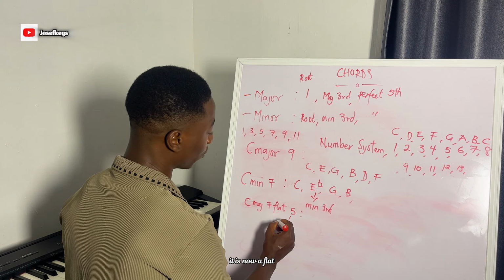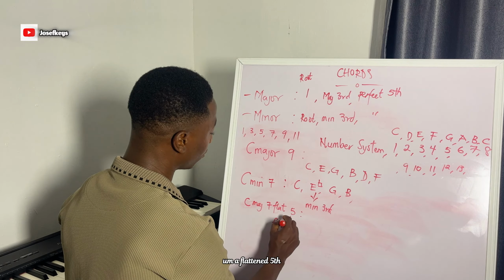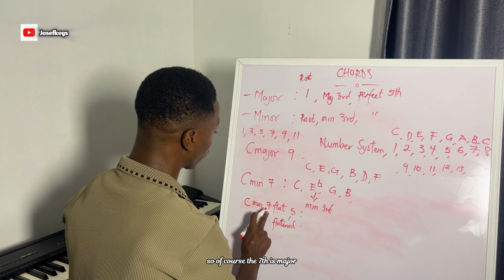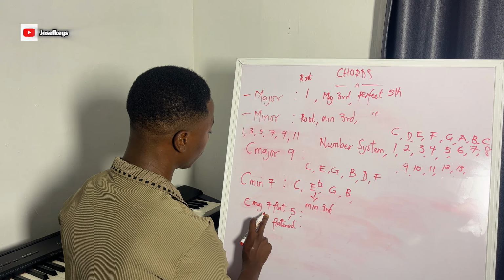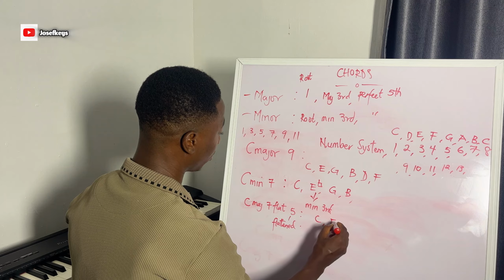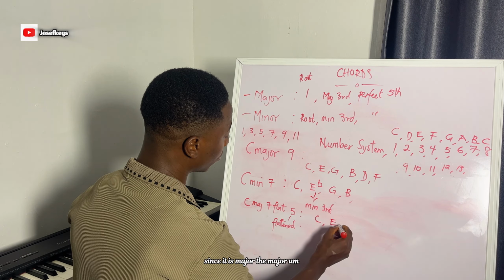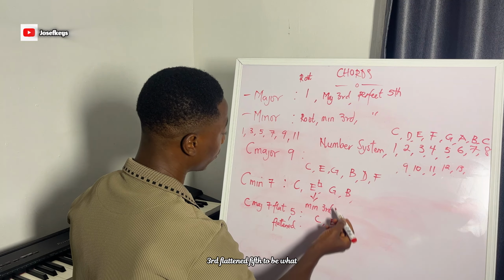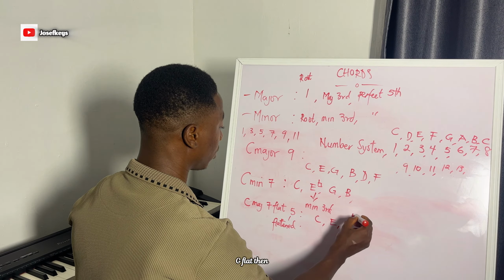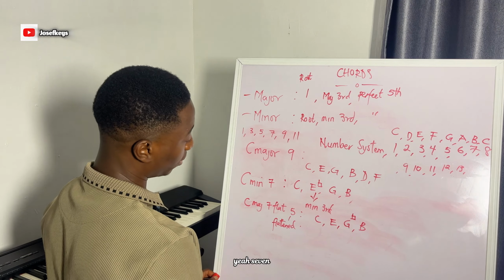It is now a flattened fifth. And of course the seventh is major. So you have C, since it is major, the major third, the flattened fifth will be G flat, then the 7.